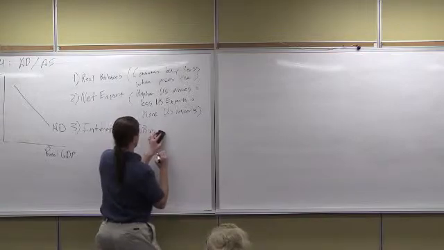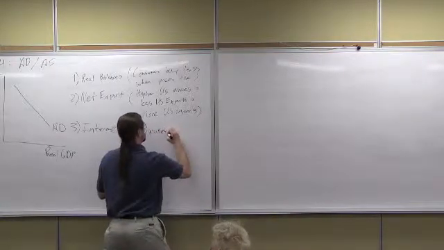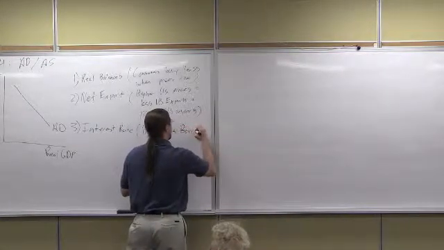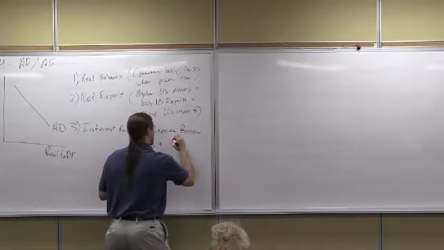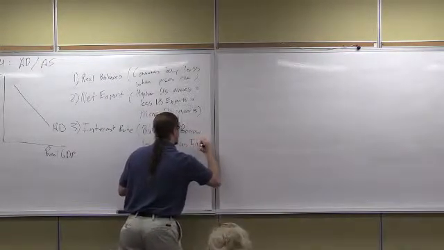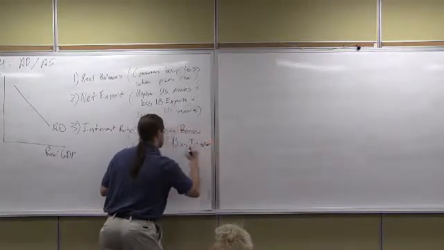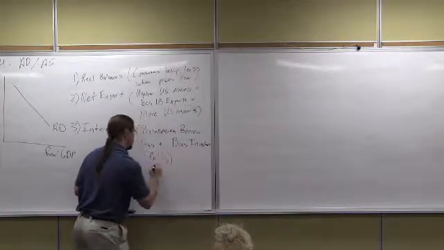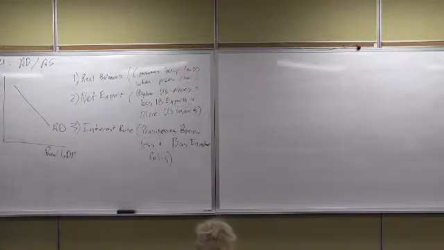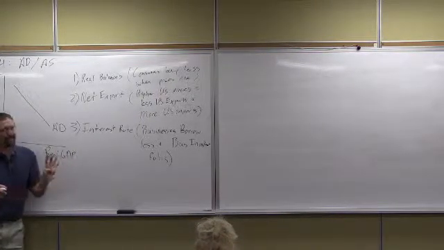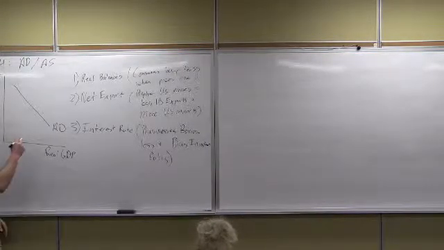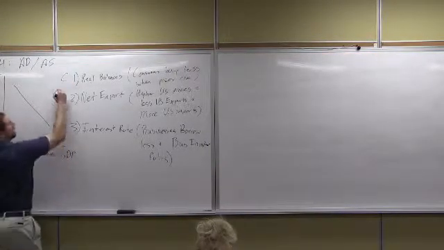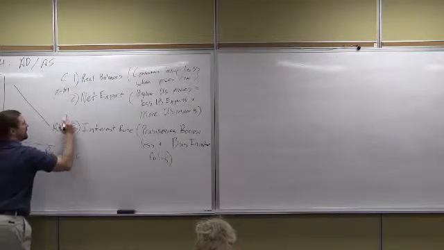Businesses borrow less, and business investment falls. So all four non-government pieces of GDP are going to fall when prices rise, right? This is C, this is X minus M, and this is I.